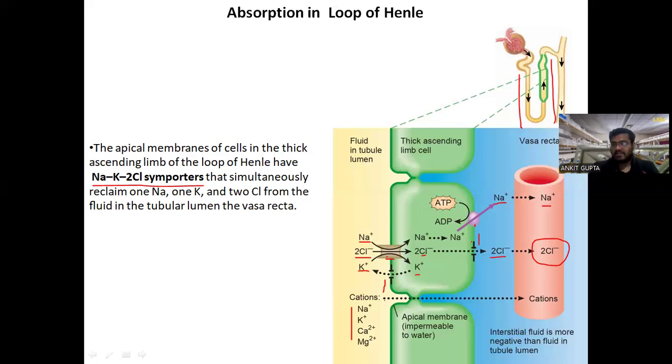That is, they leak out through the tight junctions between the cells and ultimately get absorbed by the blood in the capillaries. So this is an example of reabsorption taking place in the ascending limb of the loop of Henle, and no water gets reabsorbed in the ascending limb of the loop of Henle.